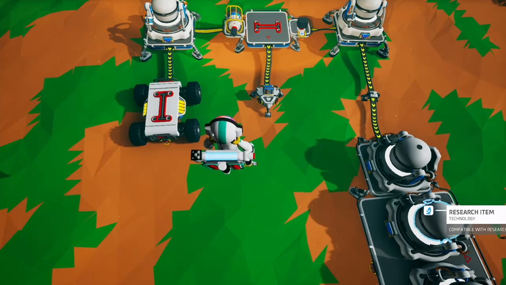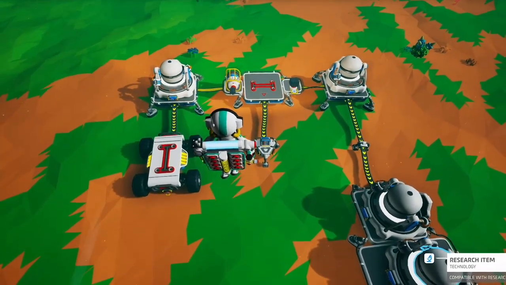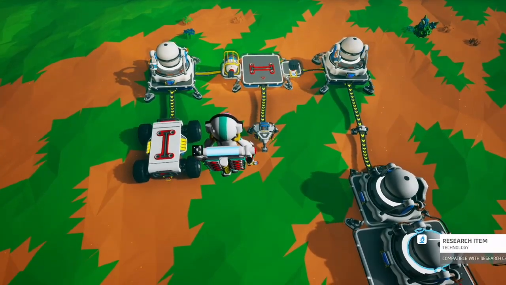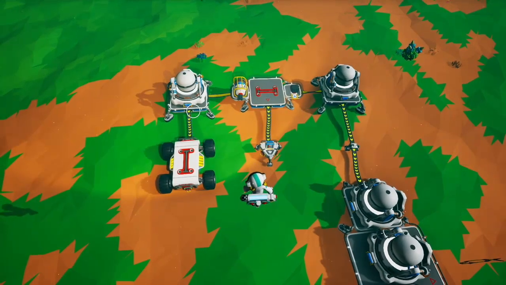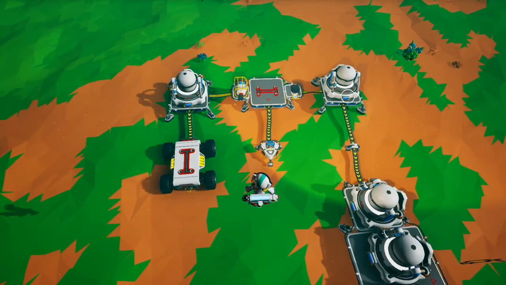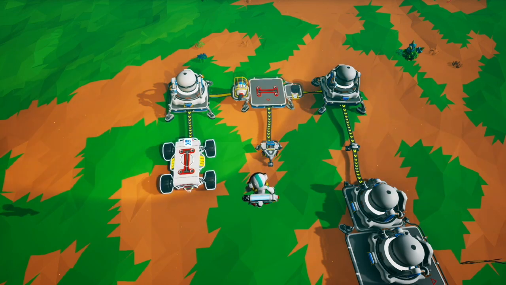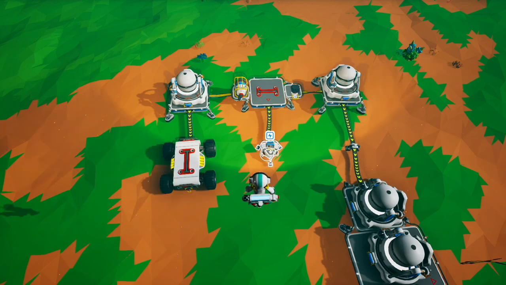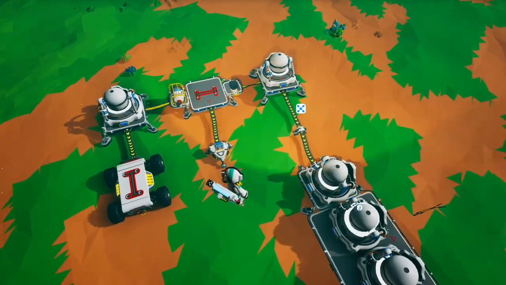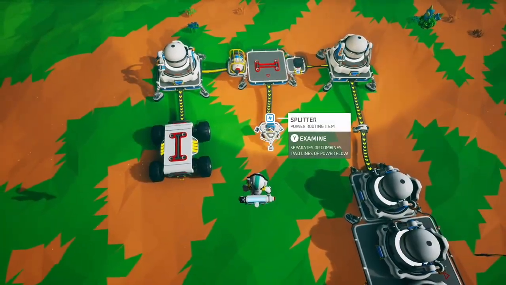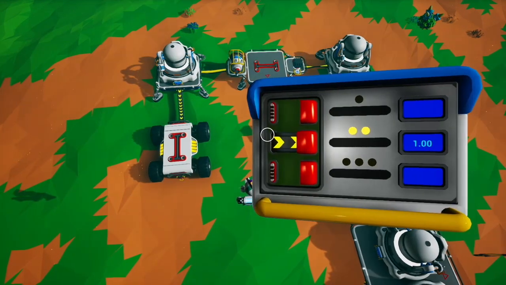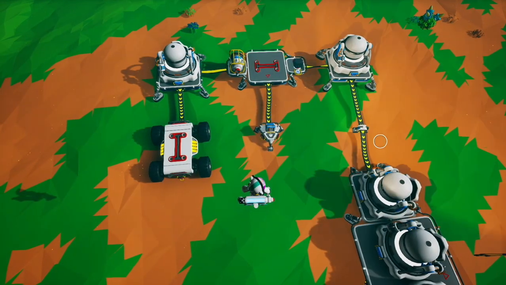Here is a big example of one-way power lines dividing the power evenly between themselves. If you look at this, we have these 3 platforms up top, all connected by normal power lines, and then the output of that is going to a vehicle, to a splitter, and to an extender. Now if I look at this splitter, there's only 1 power on it.